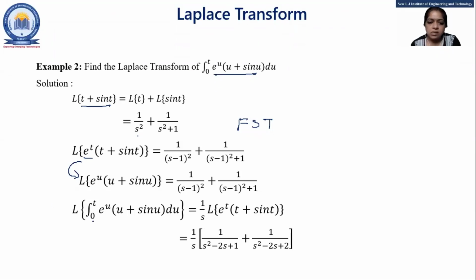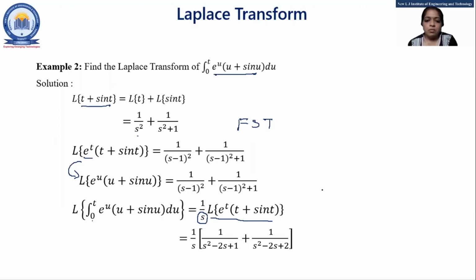As the integral sign with the limit 0 to t is there, as per the rule, I have to write s in the denominator and whatever the Laplace of the given function is there, I have to write, right?